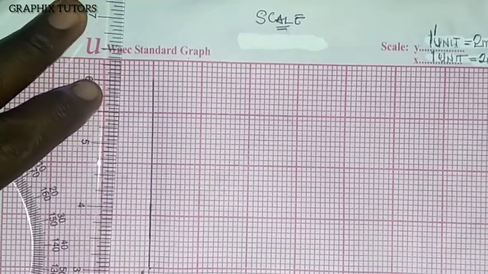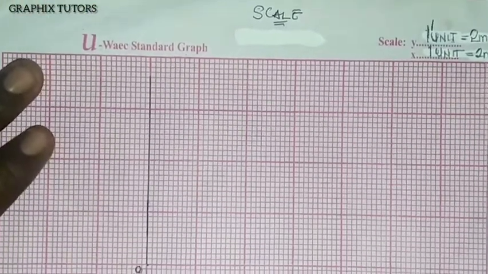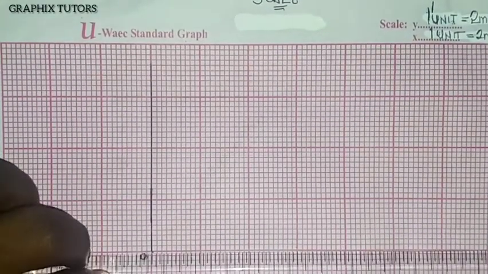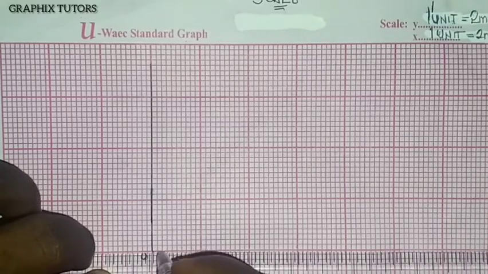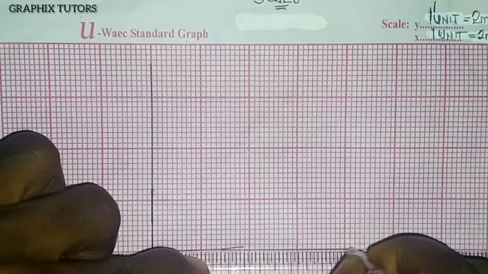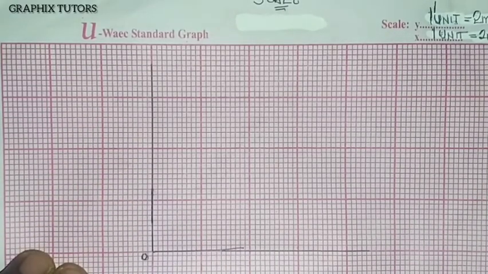So this will be my 0 origin here. And I am also going to draw my horizontal this way. Sorry, this is my horizontal. So I'm assuming that I'm taking 40 millimeter.